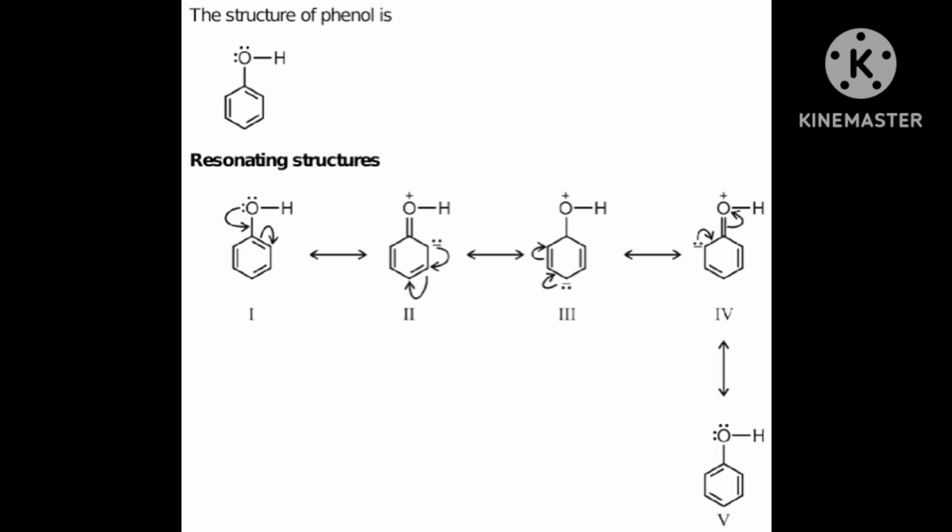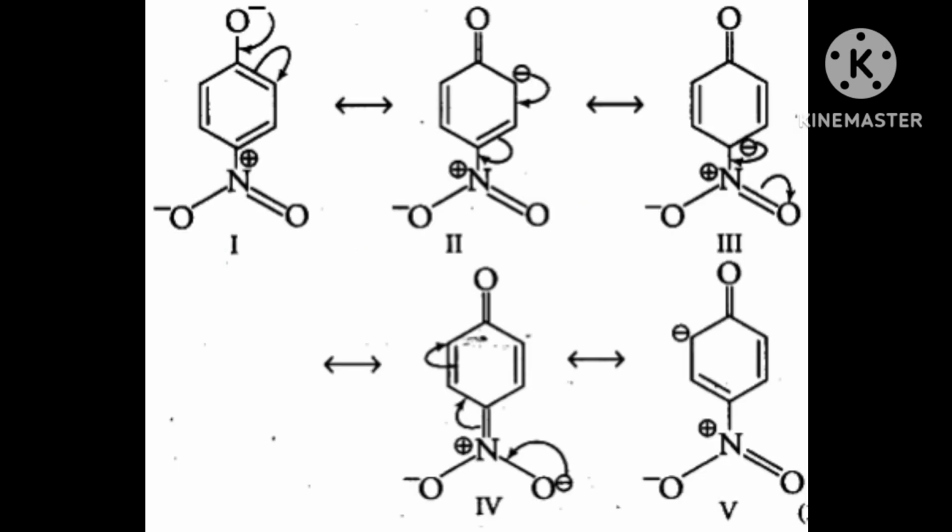If an electron releasing group is attached, then because it is releasing electrons, the electron density on oxygen will be more. Then when the electron density is more, hydrogen will not leave. It will stay attached with oxygen only, because hydrogen is getting electrons. Then when it does not leave, the acid strength will be less.